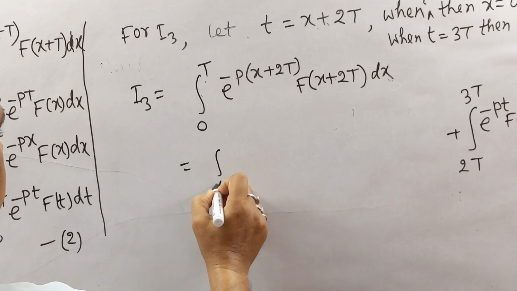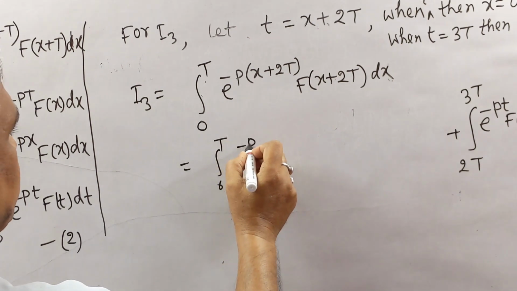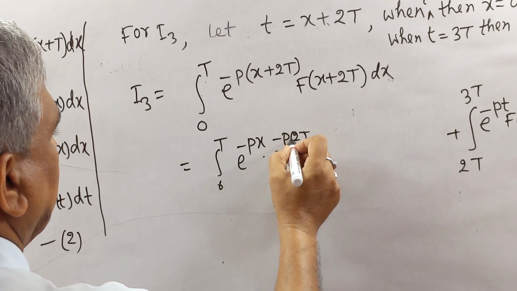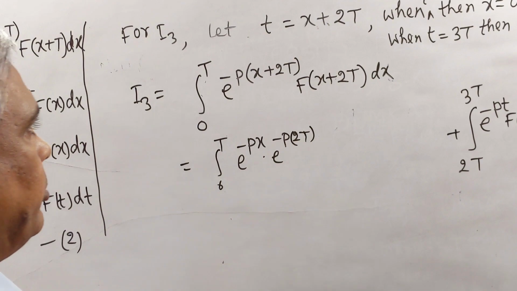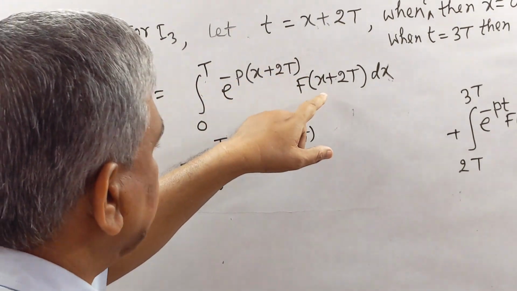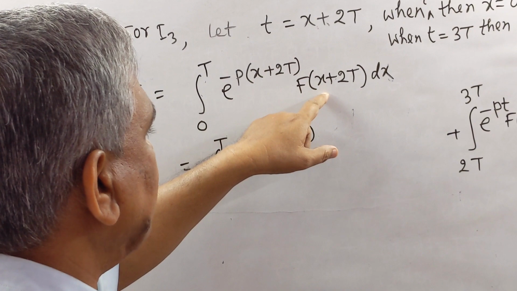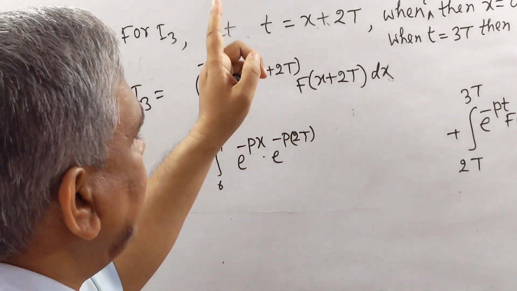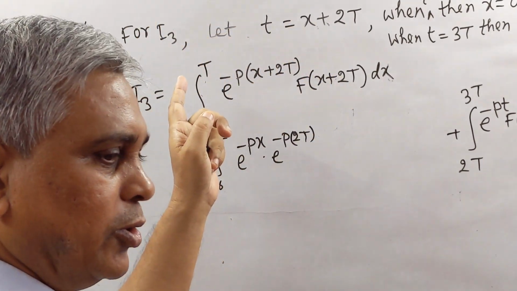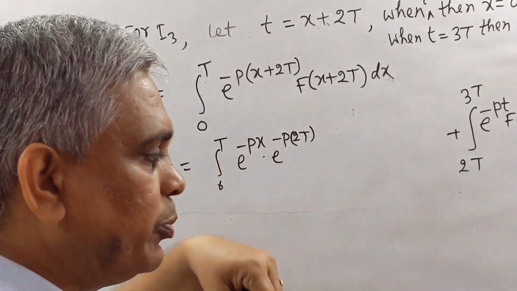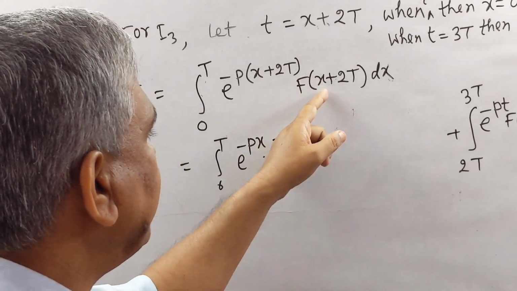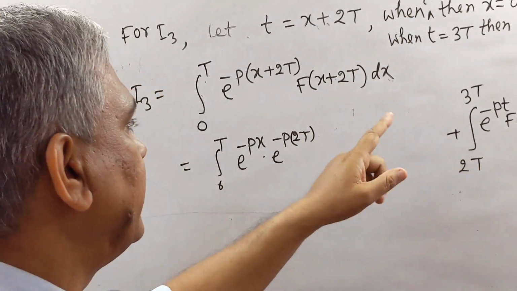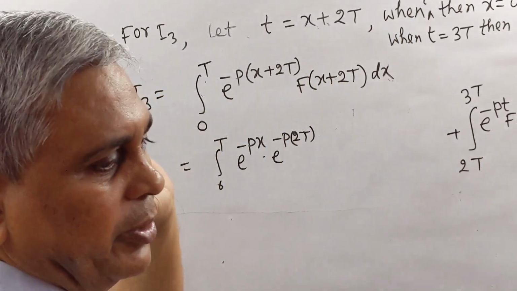This equals the integral from 0 to T of e to the power minus px times e to the power minus p into 2T. If the function is periodic, then f(x plus T) equals f(x), and f(x plus 2T) also equals f(x), because the period is T. After T interval it comes back to the original function f(x).